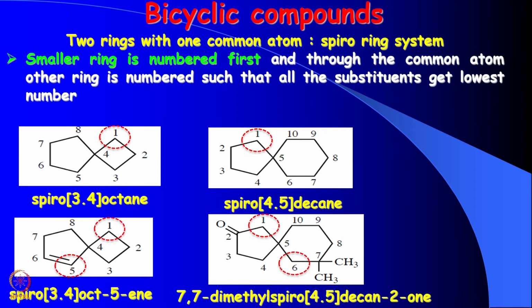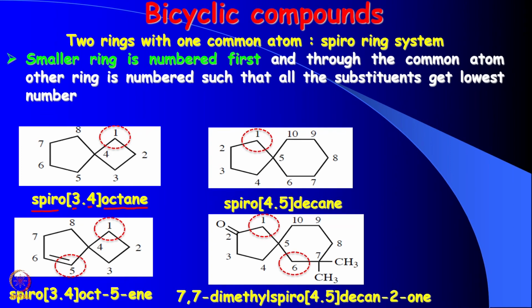So, you write it as 1, 2, 3, 4, 5, 6, 7, 8, the number of atoms present in the smaller ring and the number of atoms present in the bigger ring, and this has 8 carbon atoms. So, it is octane. So, we write it as spiro 3,4 octane.